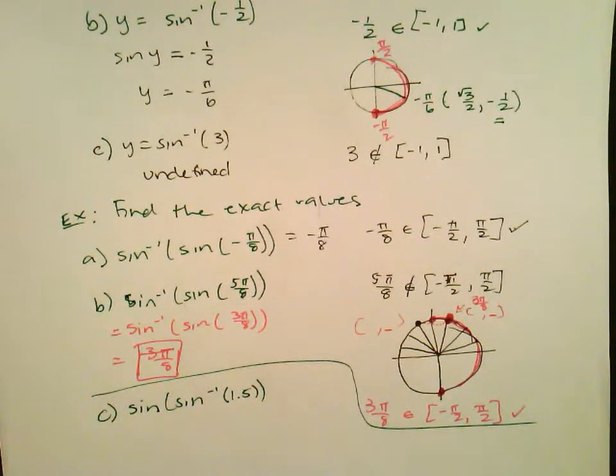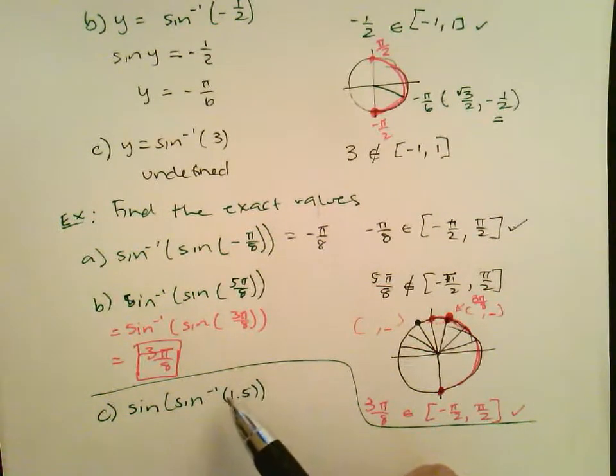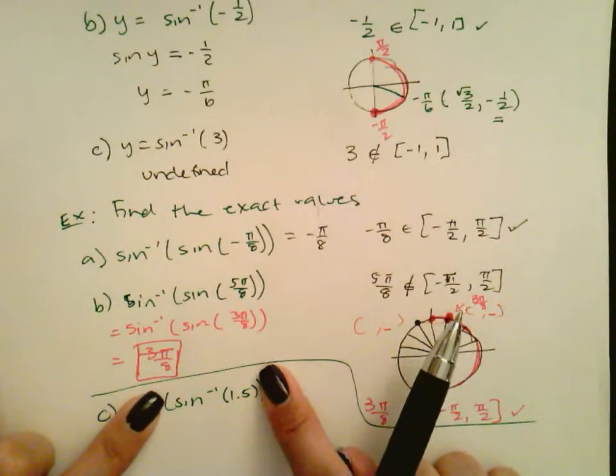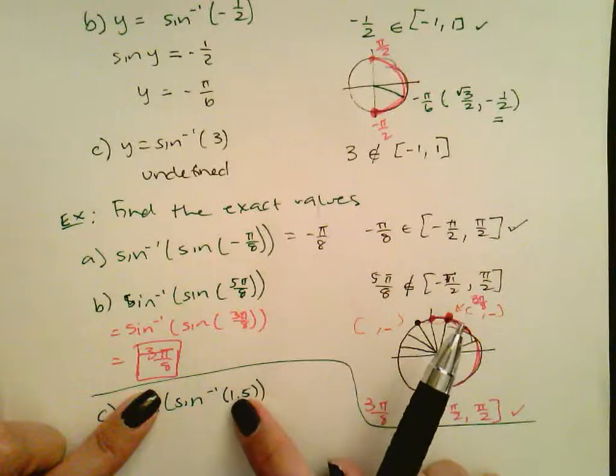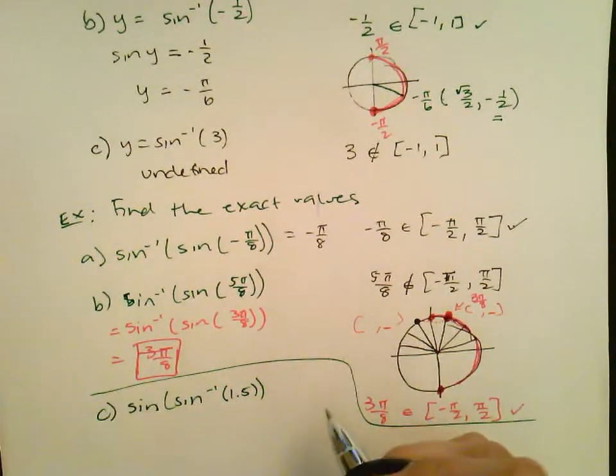For 1.5, it is an input for the sine inverse function. Inputs for sine inverse functions are not angles. They have the restriction of what the original function sine oscillates between. Sine oscillates between negative 1 and 1, so I want to check if this input is within negative 1 to 1.